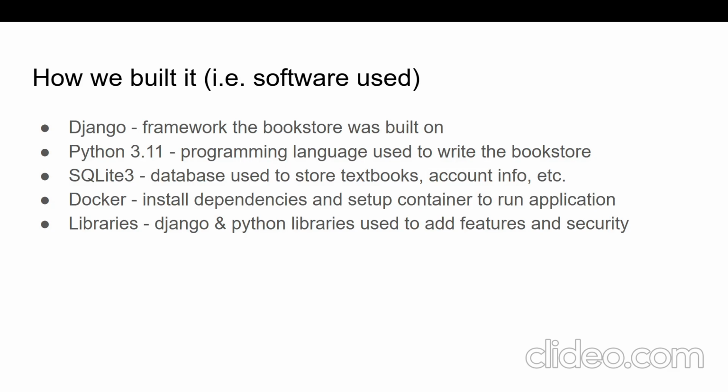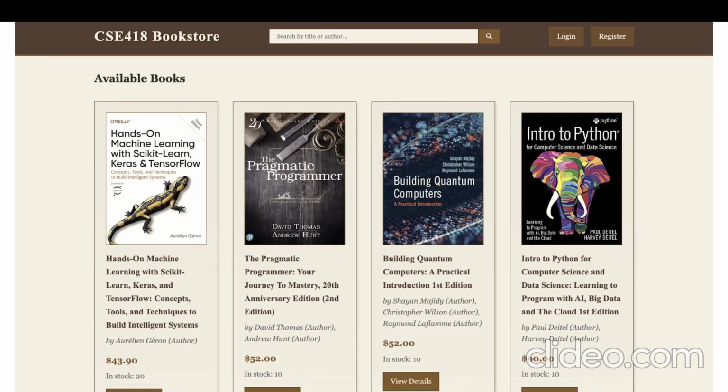We had a Docker container that was used to install dependencies, and it was a container to run the application across multiple operating systems such as Windows and Mac OS. And finally, we use a lot of different libraries from both Django and Python to add features and security components for the project. Now a demo.